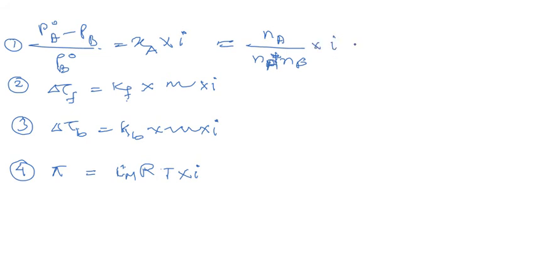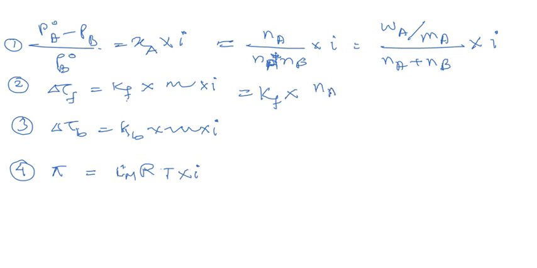So multiplied by i. Number of moles of A, let's say the solute, is weight of A over the molecular mass of A. So let's just keep it as number of moles of the solution multiplied by i. So this is Kf.